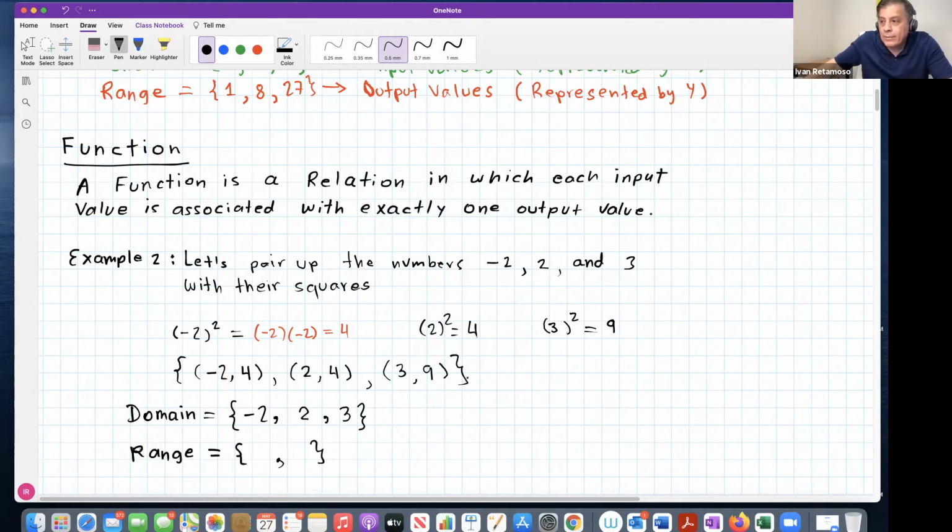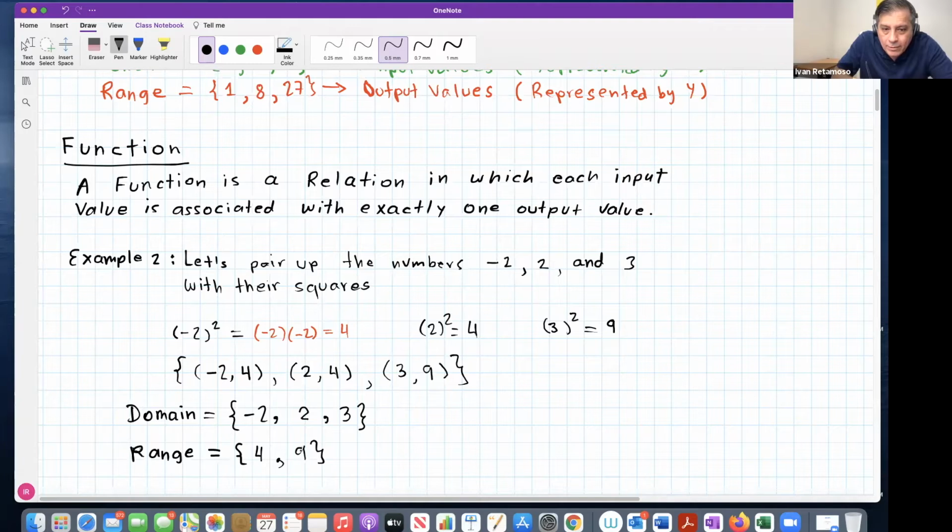But now what should be the range of this function? The range will be 4, again 4, and 9. When a component is repeated, you don't have to write it twice. You are dealing with sets, and when you deal with sets, you display the elements only once. So 4 and 9. Everybody follows?